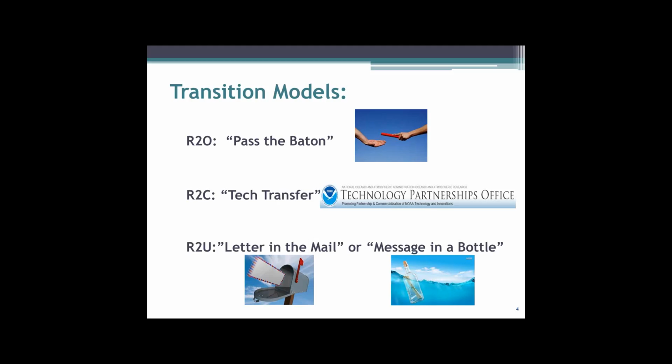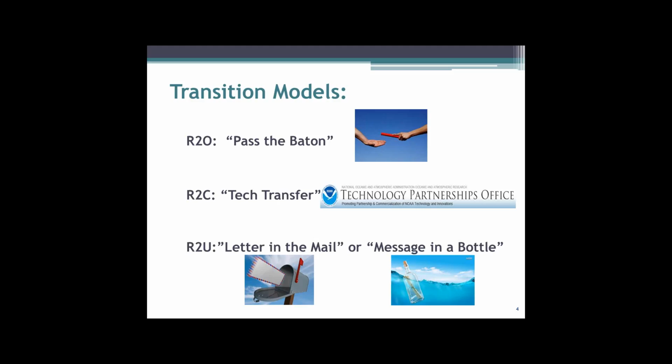The model for tech transfer, or the R2C, is governed by the laws that cover patents, etc. And NOAA has the Technology Partnerships Office, which are the experts on all of that. So if you have something that is a potential commercialization target, then you can consult with them to find out what the steps are in doing that kind of transition.